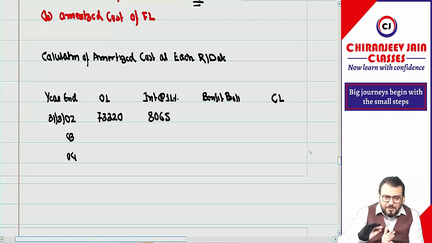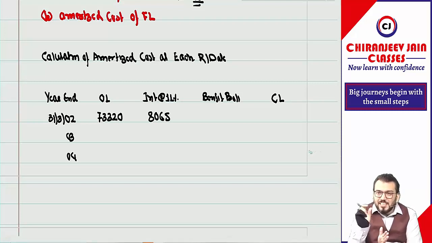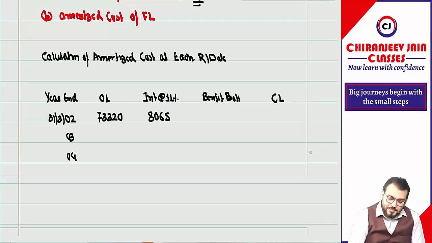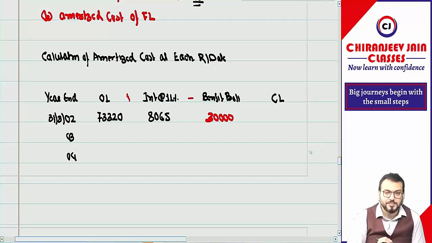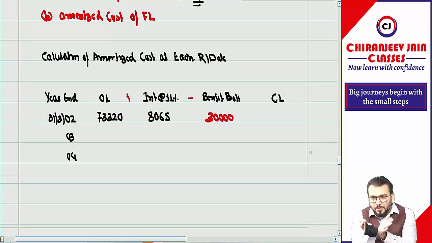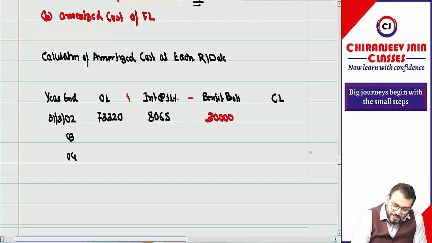So, what is the benefit provided to the subsidiary? It is the differential cash flow, which for the first year is 30,000. This will be deducted, so this is plus, this is minus. So the benefit provided will be considered as cash outflow. Understood?